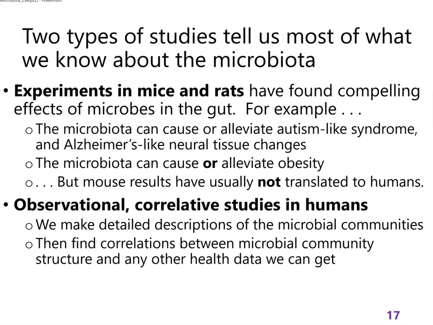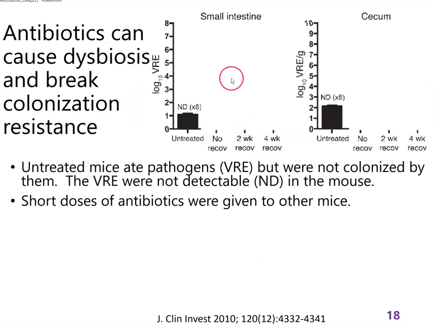This is going to be an example of an animal study. In this, what they did is they wanted to see if antibiotics could cause dysbiosis and if they could break colonization resistance. So they got mice and they fed them vancomycin-resistant enterococcus.